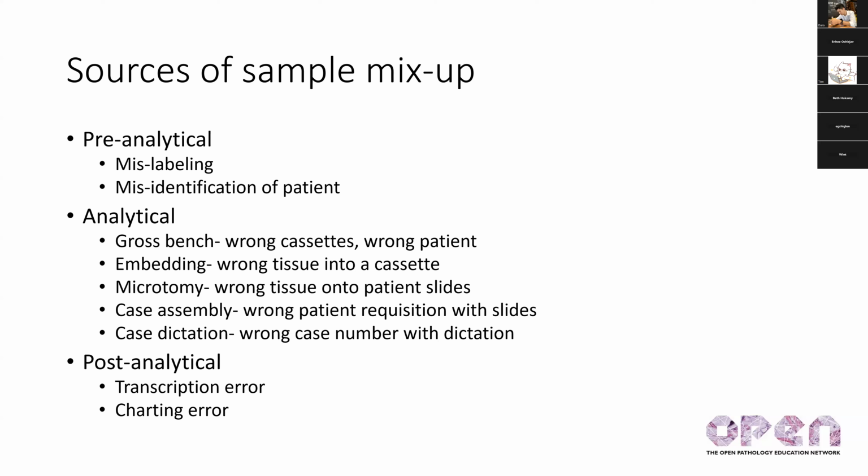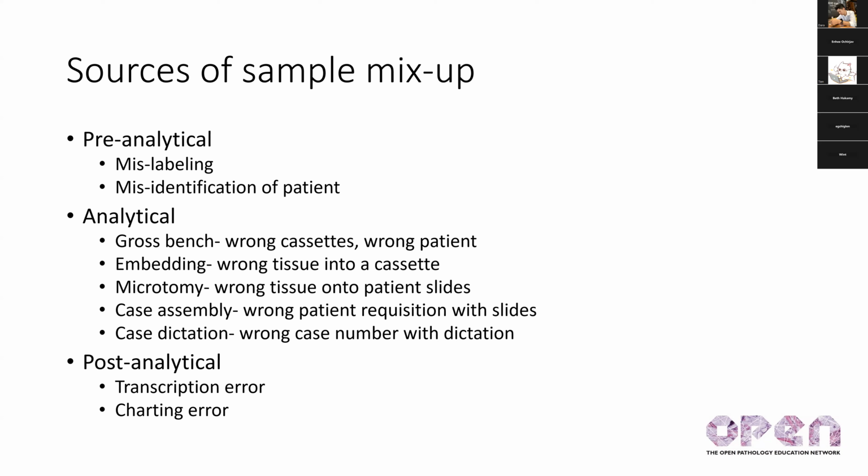If we use a dictation system, sometimes the person who's doing the dictation may select the wrong patient from the list of possible reporting patients and type the diagnosis under the wrong patient report. So there are a number of areas within that.